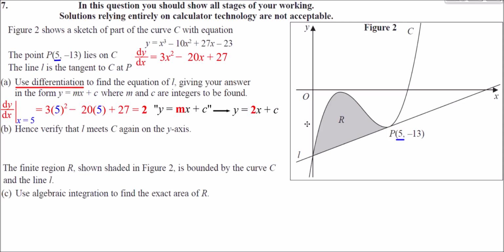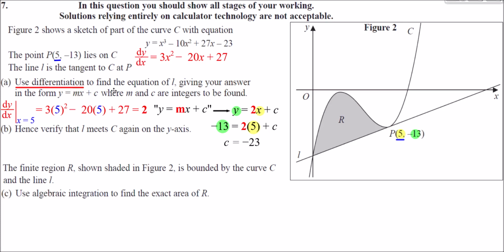So if we substitute in, x is 5 when y is minus 13, then we get the equation minus 13 equals 2 lots of 5 plus c. 2 lots of 5, of course, is 10. So negative 13 equals 10 plus c. If I just subtract 10 from both sides, it should be fairly obvious that the value of c is negative 23.